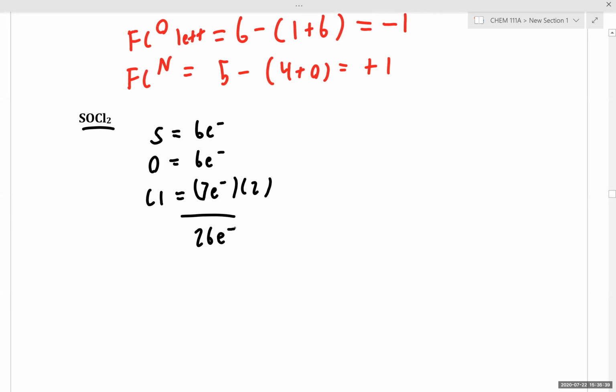What is our central atom going to be? What's the least electronegative non-hydrogen atom?